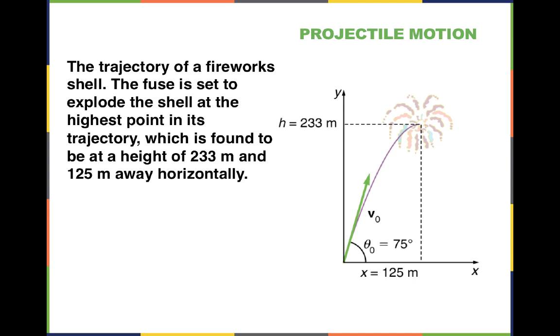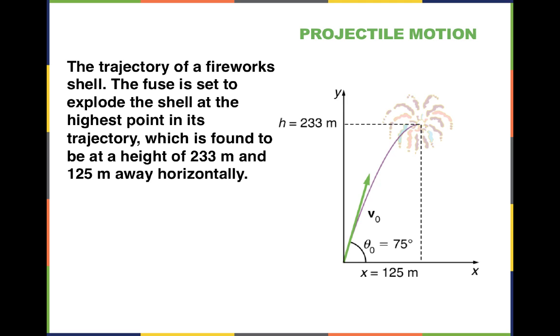Let's now take a look at an example of how to do a problem with these principles in mind. And here we have a situation where a firework is fired off and it's set to explode at its highest point, which is found to be at a height of 233 meters, 125 meters away horizontally.